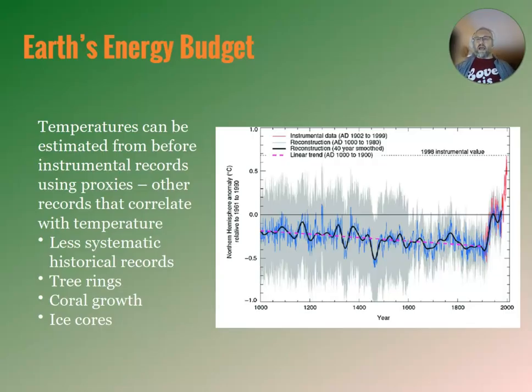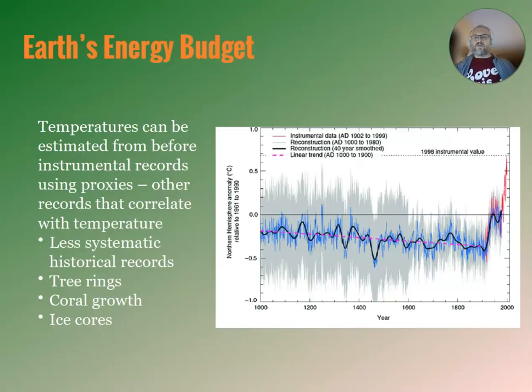We can look at tree rings. A tree will add a growth ring every year, and the size of that growth ring will depend on the climate conditions. Some conditions will lead to thick growth rings, some will lead to small growth rings, and so we can look at those tree rings to see what the climate conditions were like going back as far as we have preserved trees.